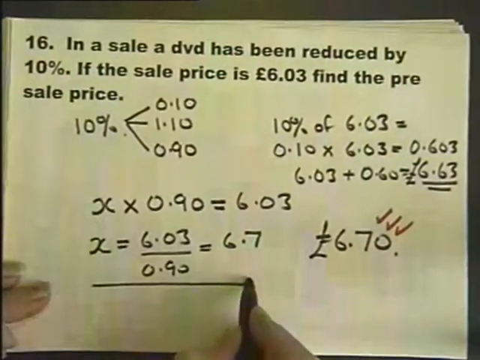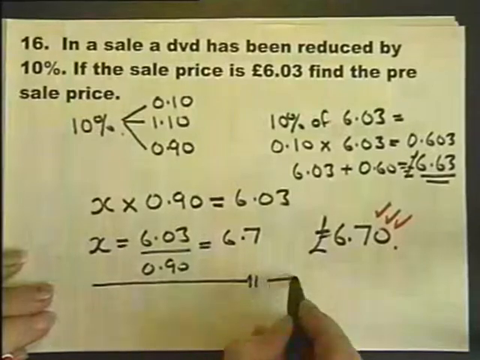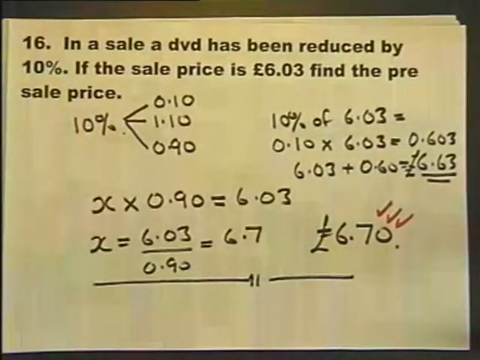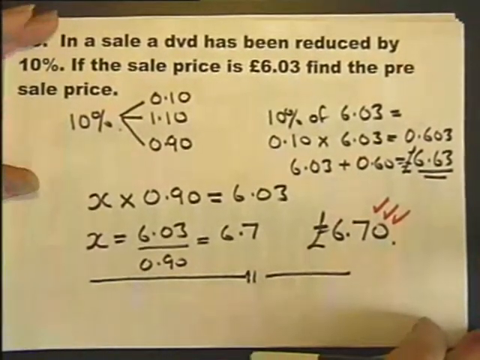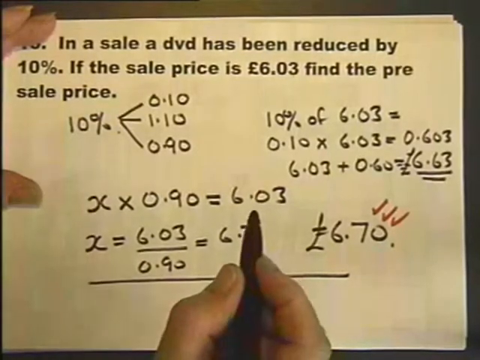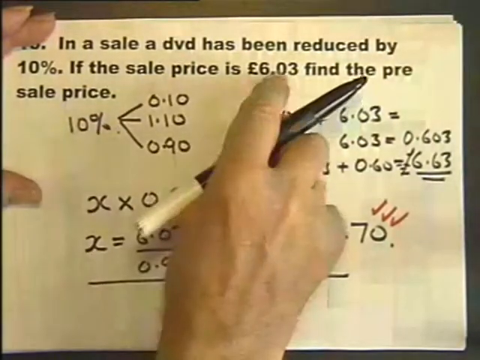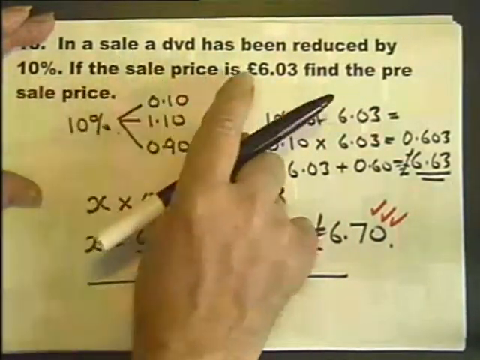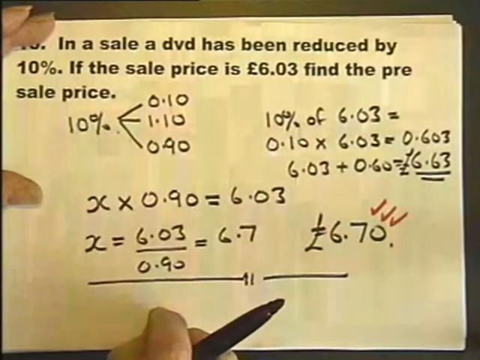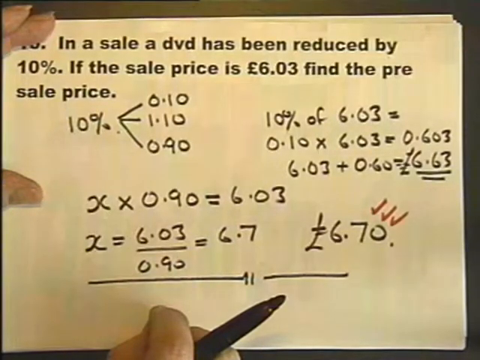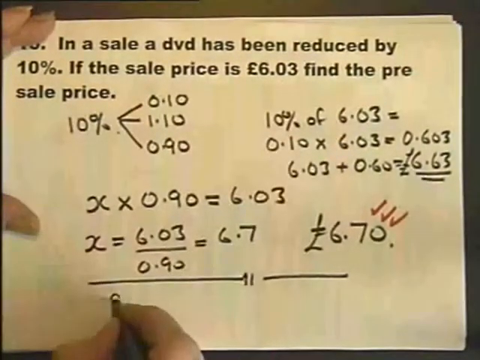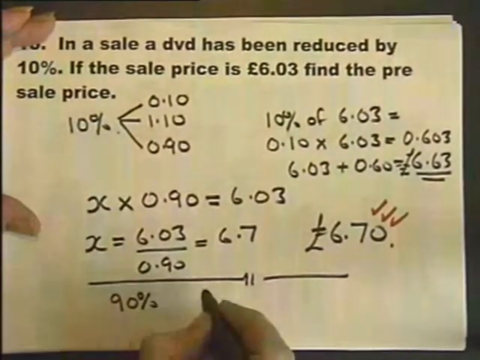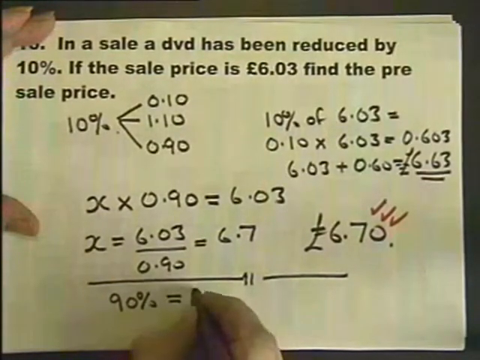Another way of doing this, not that you need another way, but we're revising, practicing things, is to think of it like this. This is the price after 10% has been taken off of it. So if we consider the original price as being 100%, this is in fact 90% of the original price.